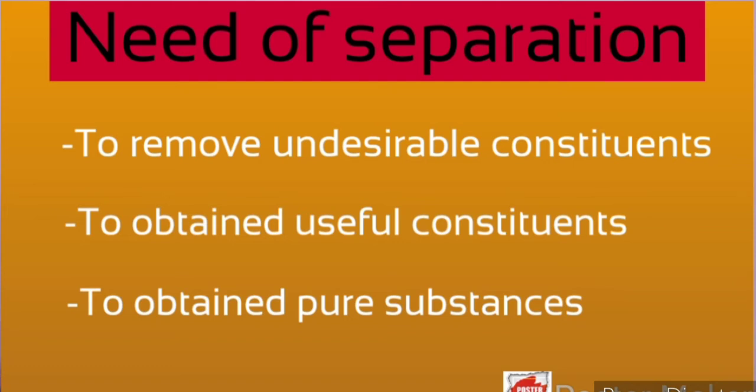The petroleum is useful for us, so we need to extract it from the crude oil. So this is to obtain the useful constituents. And the last one is to obtain pure substances. That is, from the impurities we take out the pure substance. So these are the needs for which separation is required.